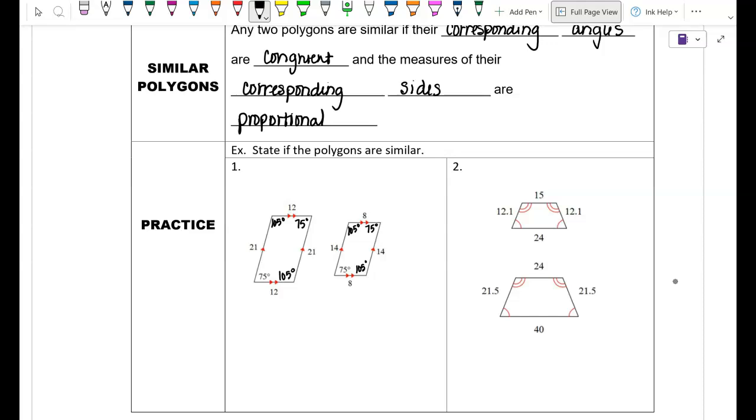So criteria number one, all corresponding angles are congruent. So we've met the first criteria. The second criteria is that the corresponding sides have to be proportional.